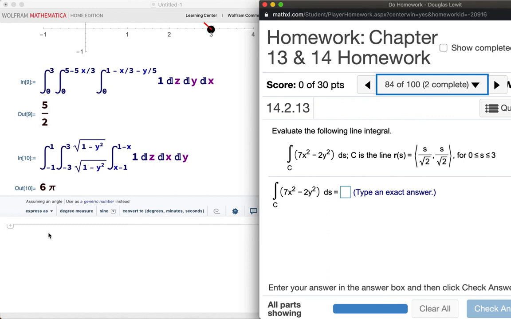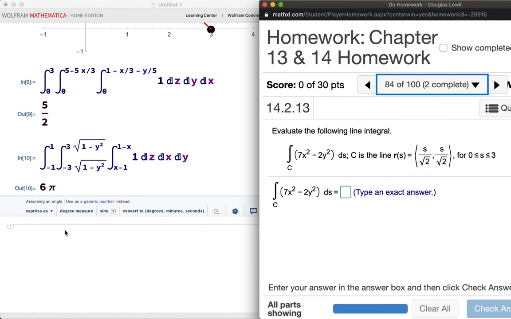So I have my function f of x and y is equal to 7x squared minus 2y squared, and I'm integrating that over a parametrized curve. r of s is equal to s over the square root of 2. Well, the x component is s over the square root of 2, and the y component is similarly s over the square root of 2.